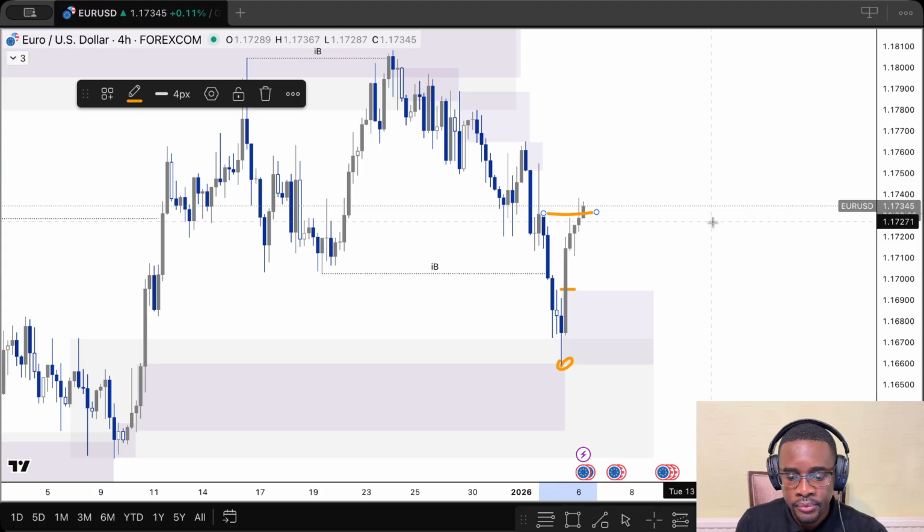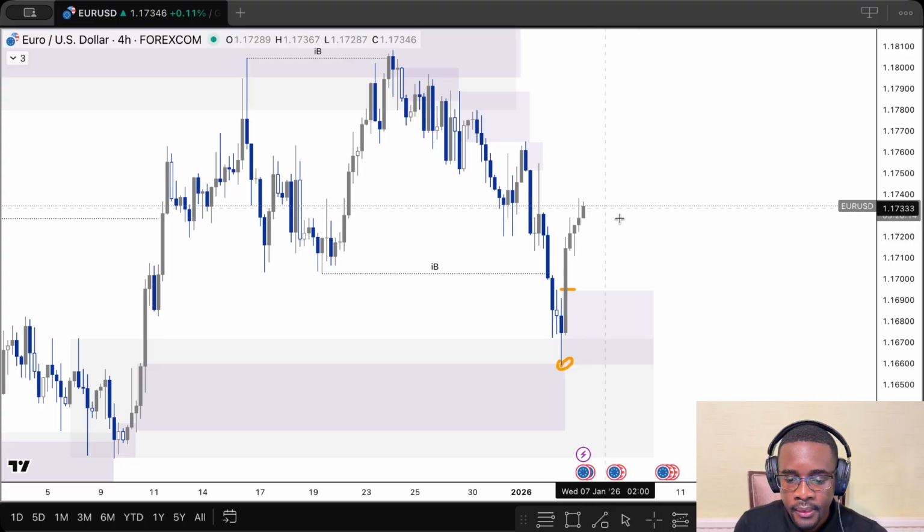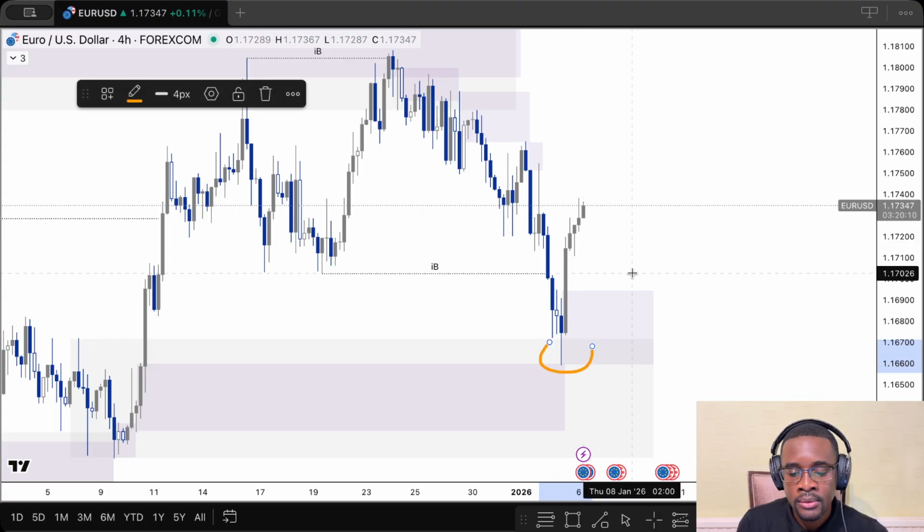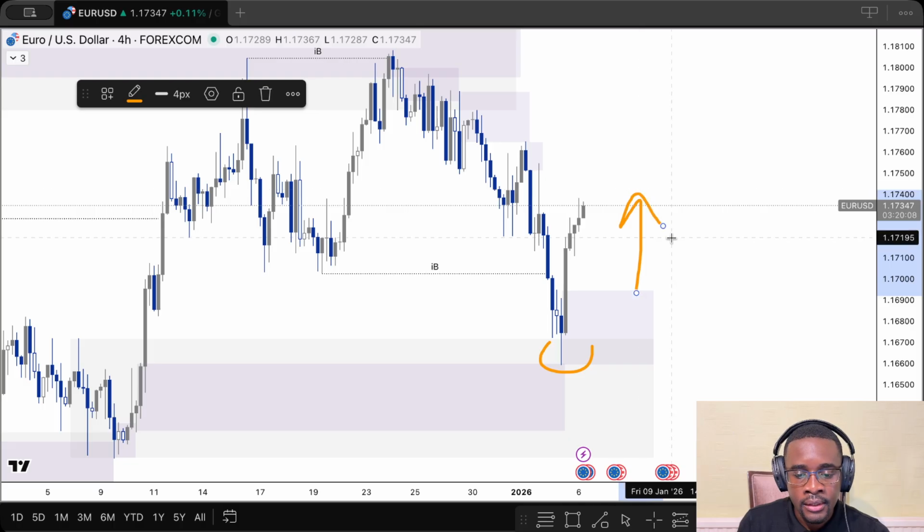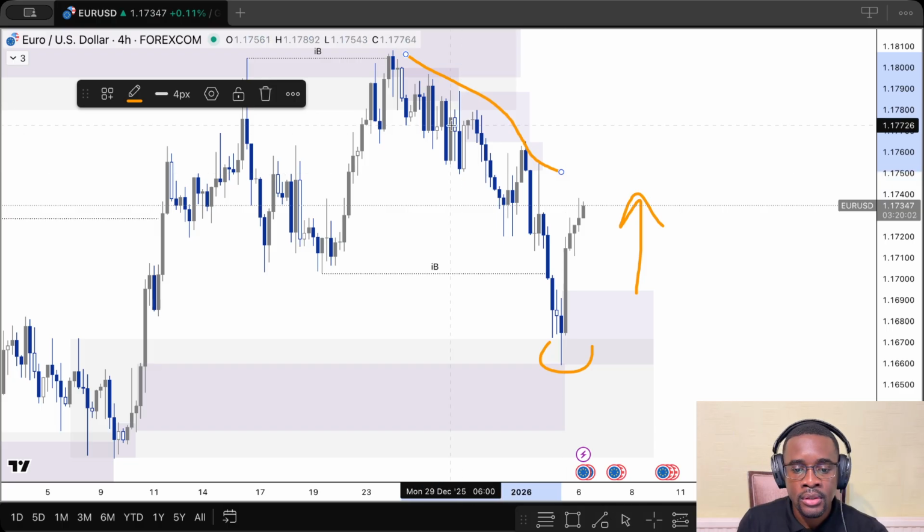Right there we have a change in state of delivery. However, the important thing is we are reacting from daily demand, and now it's highly likely that we are going to be bullish. And here we have all this liquidity that's resting up there, so that's highly likely to be taken.